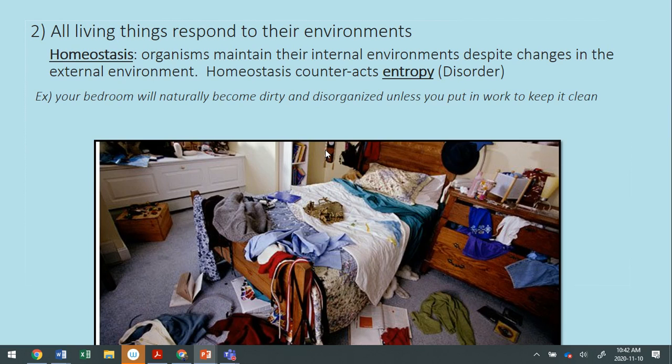So yes, plants will respond to their environments, just in maybe a different way than you think of responding, right? You, on the other hand, have much more complex responses. Regardless, though, all living things will respond to their environments and they will strive to maintain an internal environment.